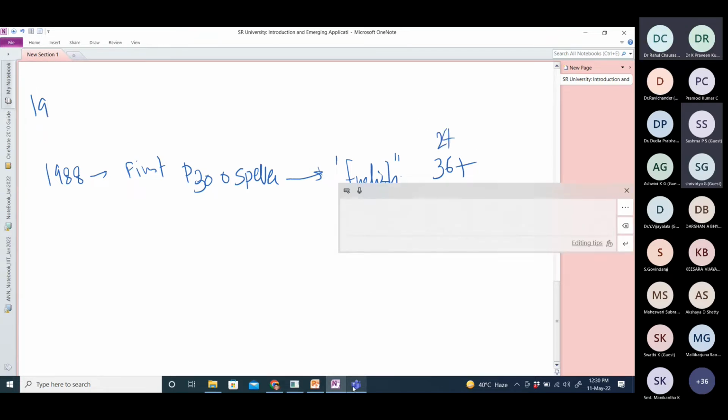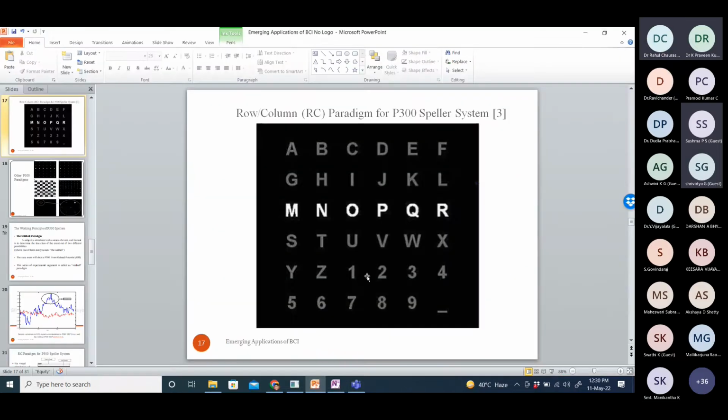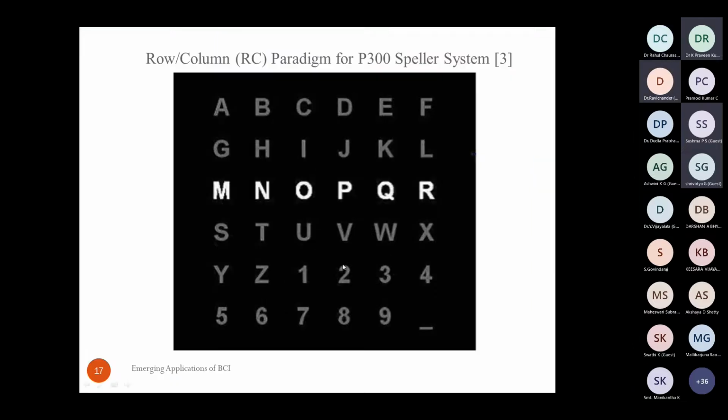So 26 plus 10, 36. So 26 letters and then numbers 1 to 9 and a space. This was called the row column paradigm. What they do in this is they have this display on your laptop, a black screen, and they randomly intensify the white. You can see that the row M N O P Q R is intensified.